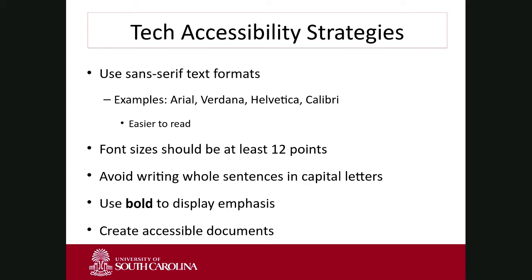Generally, on a handout that we provide, font size should be a minimum of 12-point font. Now, if we're providing for visual impairments on a handout, that minimum font automatically goes to size 18. Obviously, avoiding writing whole sentences in capital letters because that can be misconstrued as shouting.